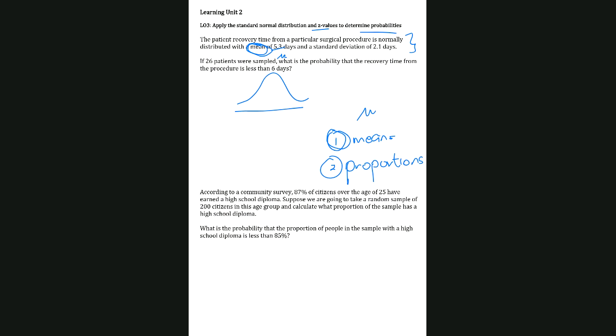And then they've given you the standard deviation, which is 2.1 days. And then they said that there were 26 patients that were sampled. They ask, what is the probability that from those 26 patients sampled, the recovery time from the procedure is less than 6 days?